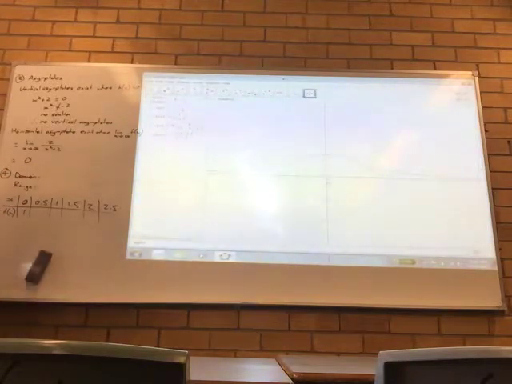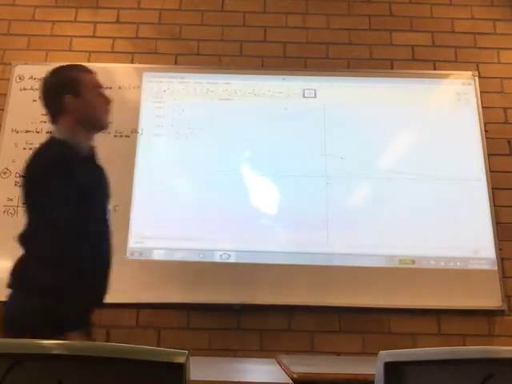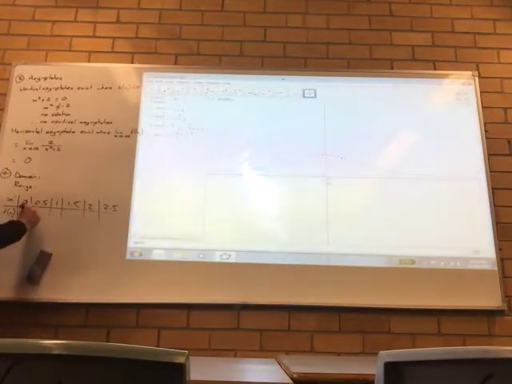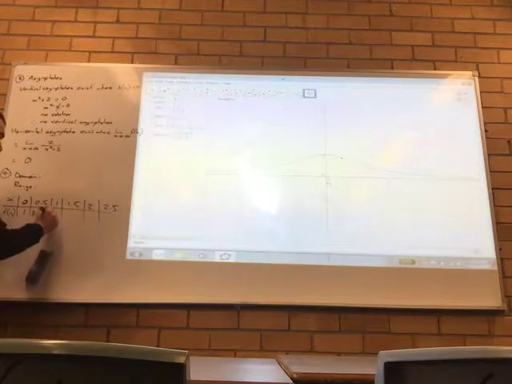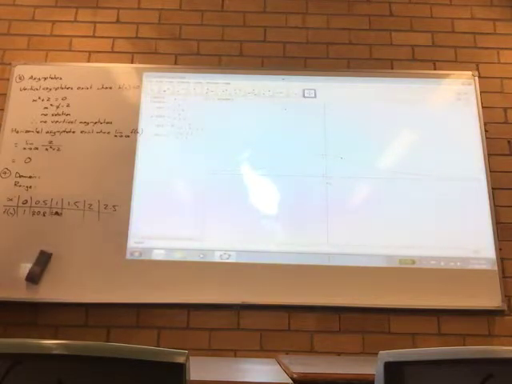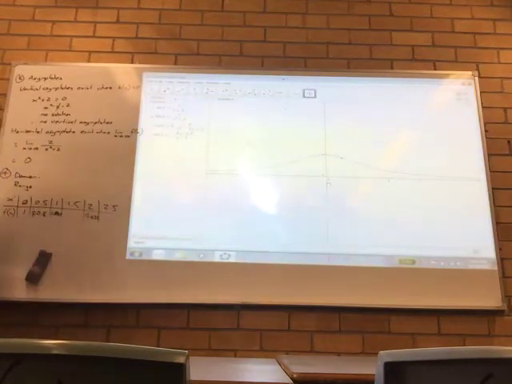So when x is 0, your function is 1. Then for a half, if we put it in the calculator, we have something approximately equal to 0.8. For 1, 2 over 1 plus 2, so you've got 2/3, approximately equal to 0.67. For 2, you've got 2 over 4 plus 2, which is 2 over 6, approximately equal to 0.33.